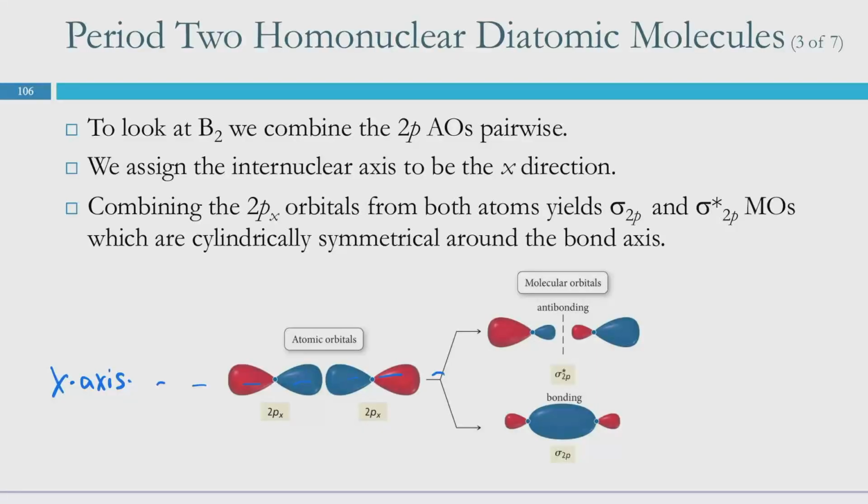And just like with s, we get 1 bonding and 1 antibonding molecular orbital.